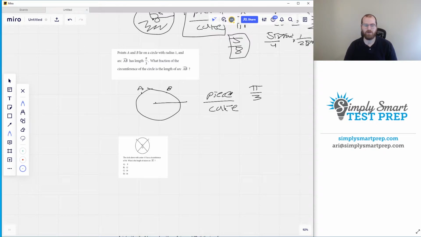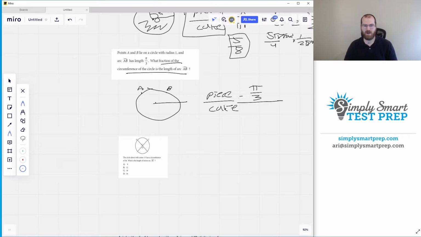Remember, the only way to figure out piece is either if it's given explicitly or if you figure it out from the magic proportion. What fraction of the circumference of the circle is the length of arc AB? So this is actually just the magic proportion. Length of arc AB, that's piece. Circumference of the circle is cake. I'm just asked for a piece of cake, and I'm given the components almost explicitly.